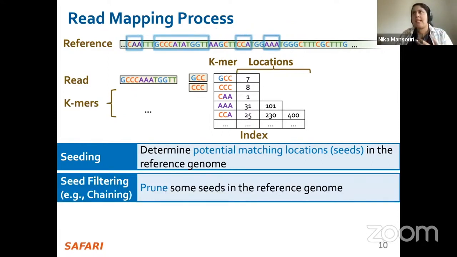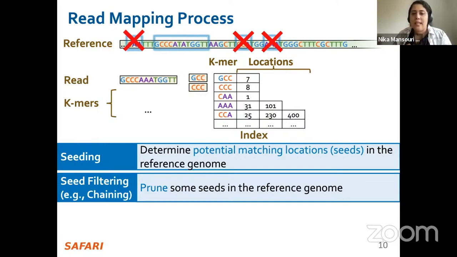Then for the next step, we want to see if we can prune some of these seeds. The next step is called seed filtering or chaining, which prunes the seeds in the reference to which the read would not align, using a simple approximation of the alignment score. So we perform higher-level operations that are computationally cheaper, and then prune some of them.